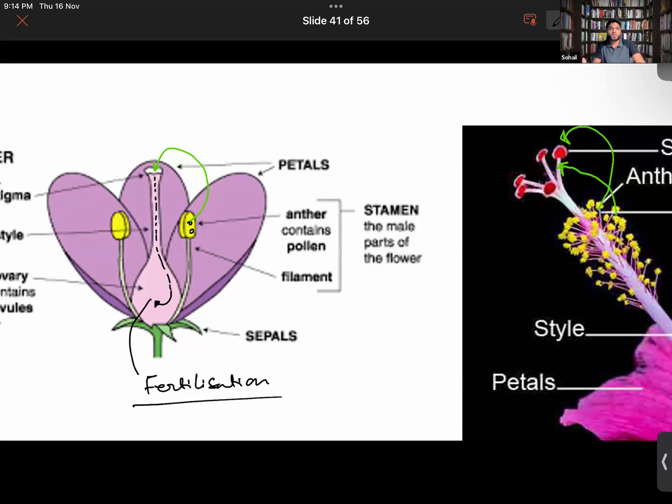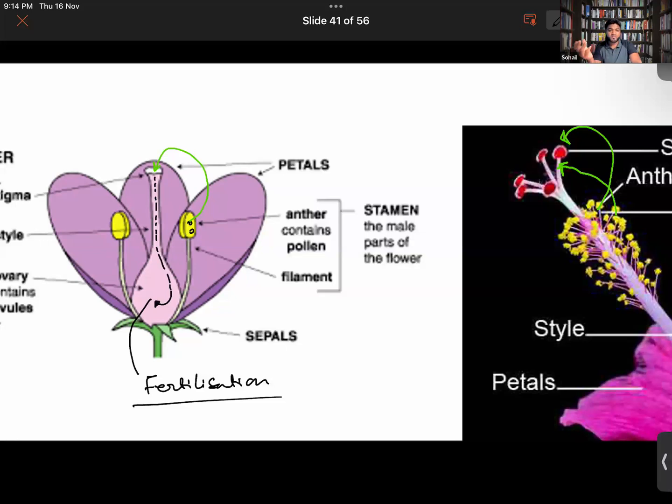Yes, not all the flowers, but flowers turn into fruits. Not the ones that do not get fertilized. The ones where fertilization does not take place will not form fruits.